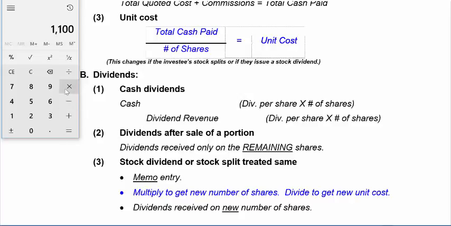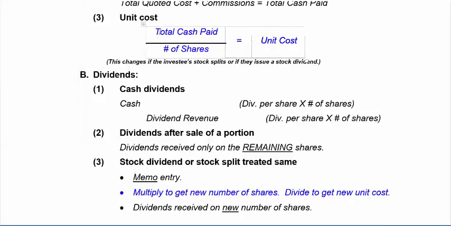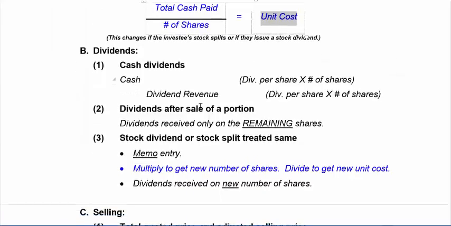If the cost before was $15 per share, then I can take the $15 and divide by 1.1, the number of shares relative to what I used to have, and get the new cost per share, or I can do the whole original cost, new number of shares, and get a new unit cost.